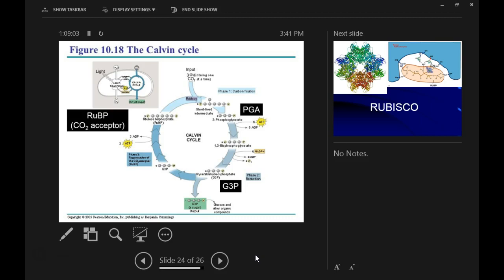Now ribulose, in this case, has 2 little phosphates attached to it, one at each end. So we call this ribulose bis. Bis just means 2 phosphates, bisphosphate, one on one end, one on the other. And we like to just give it an abbreviation, RuBP.